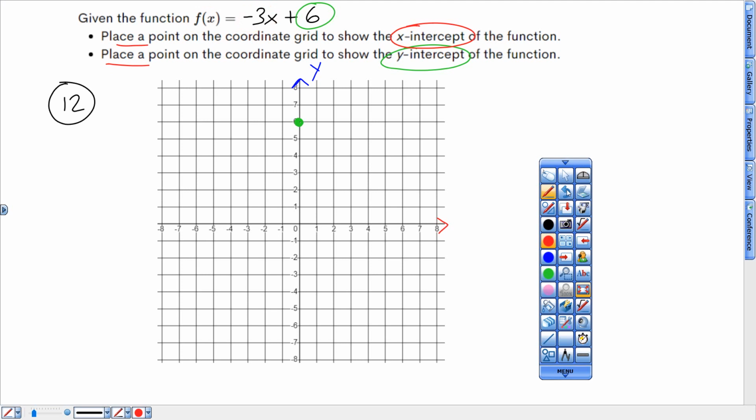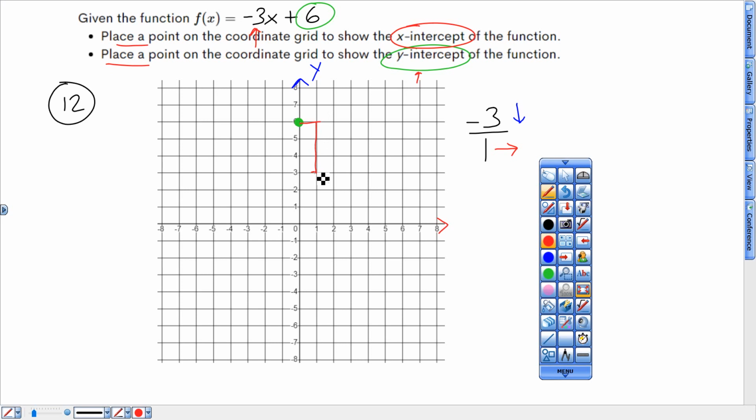That's your first point. And then for this, to find my other one, because right here I found my y-intercept. Now I look at this number in front of x. I would like you to write that out and know that any whole number you could put over 1. So that tells you from that green dot, your pattern, where you're going, how many boxes you're counting. You're counting over 1 box to the right, down 3.